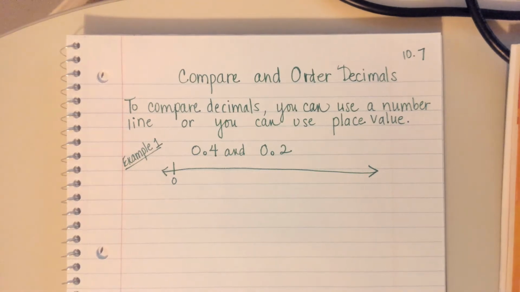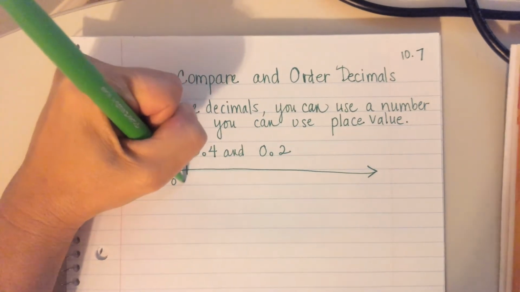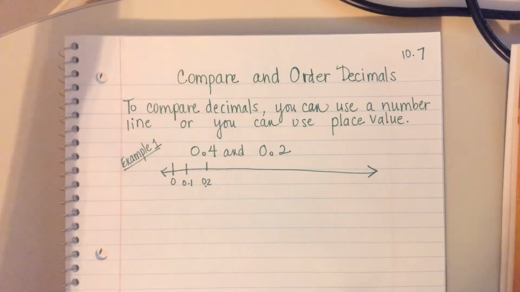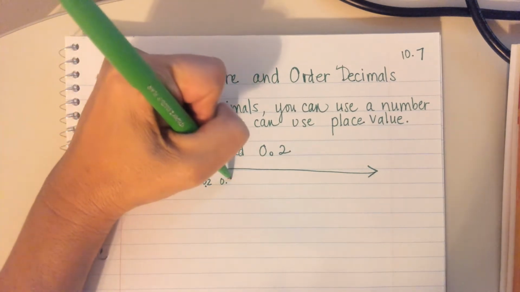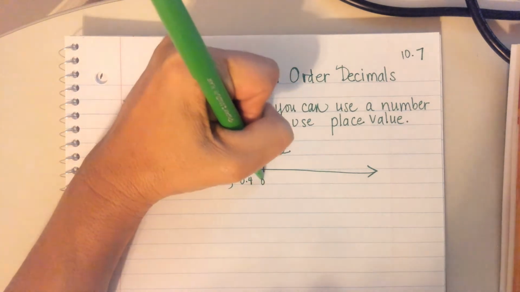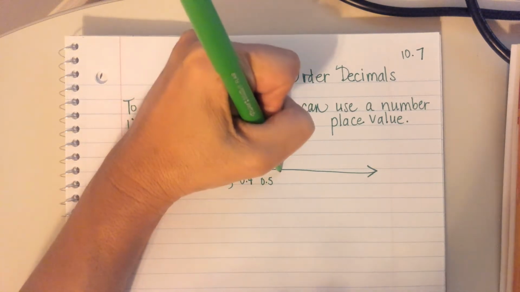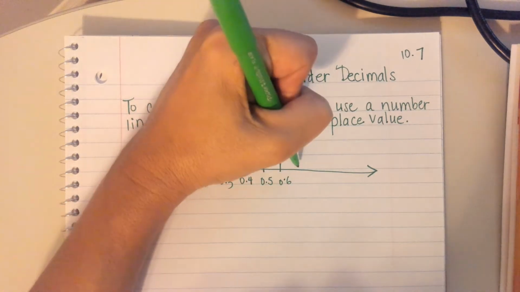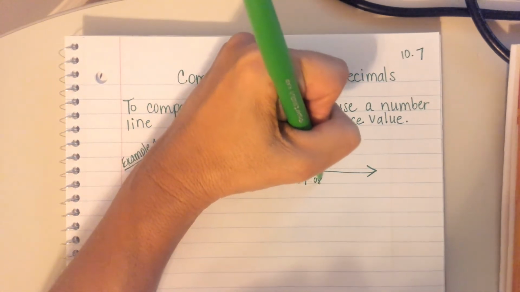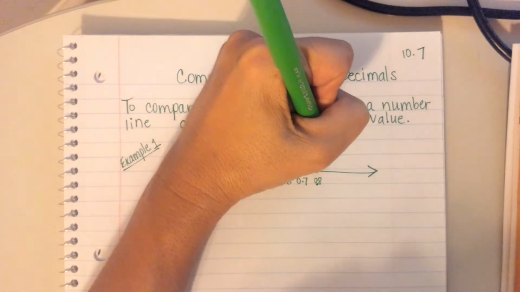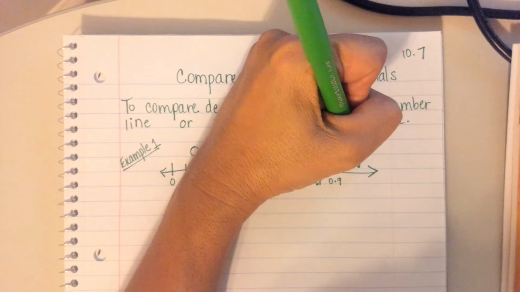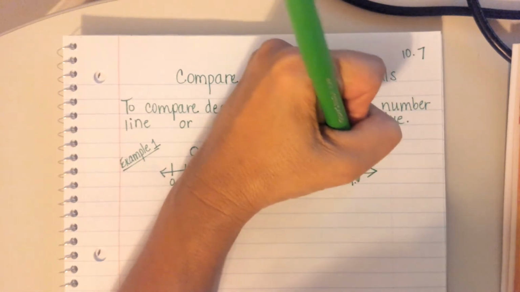All right, quite simply, we're going to begin with 1/10, 2/10, 3/10, 4/10, 5/10, 6/10, 7/10, 8/10, 9/10, and we made it all the way to 1 whole.